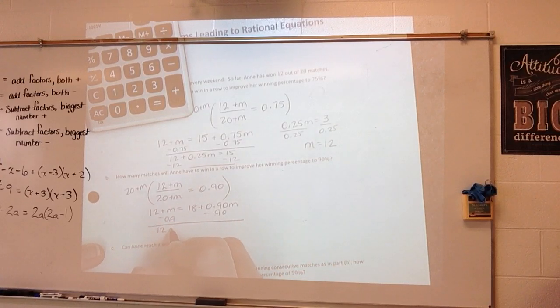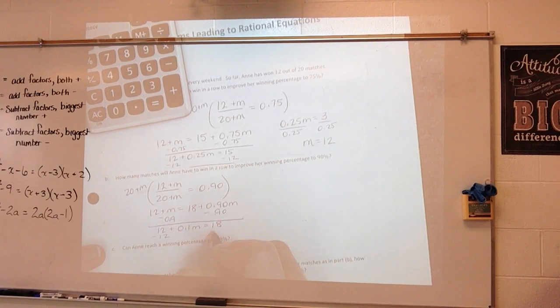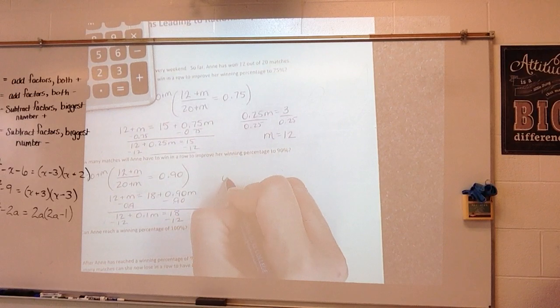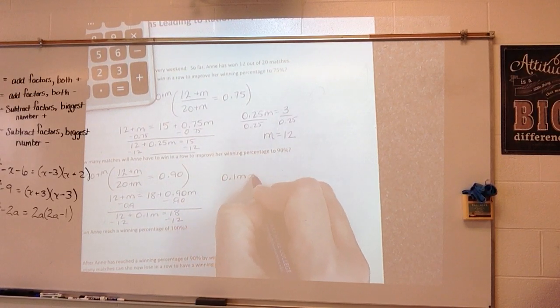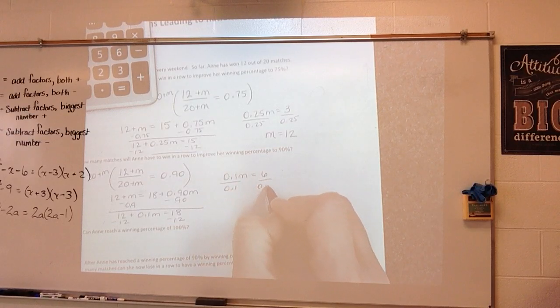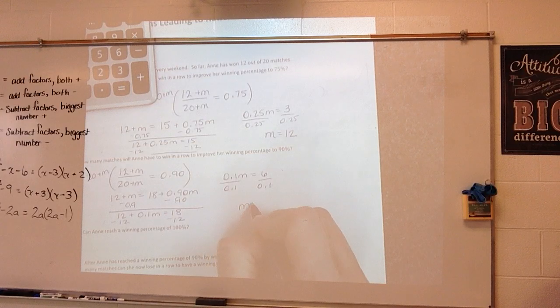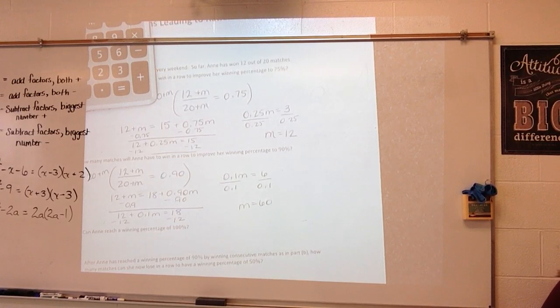I get 12 plus 1/10 M is equal to 18. Subtract 12. I get 1/10 M is equal to 6. Divide by 1/10, and you get M is equal to 60. So she must win 60 matches in a row in order to get a 90% winning percentage.